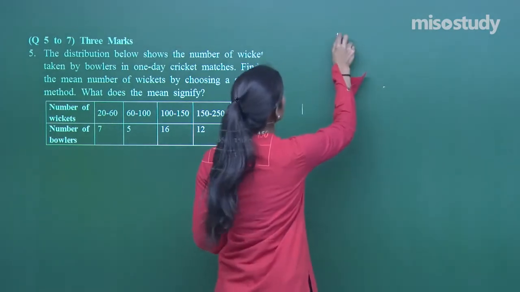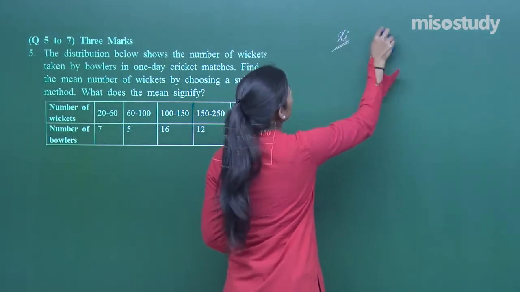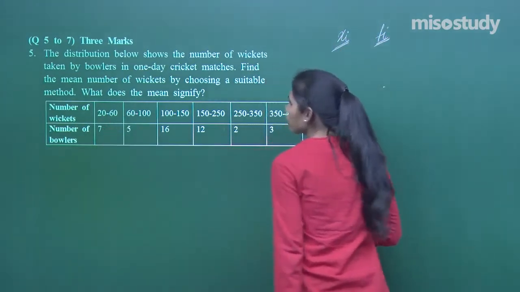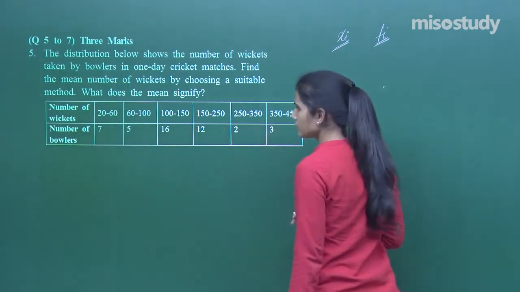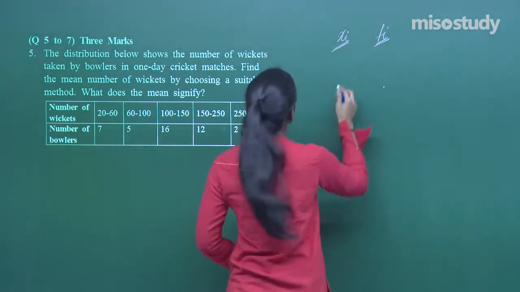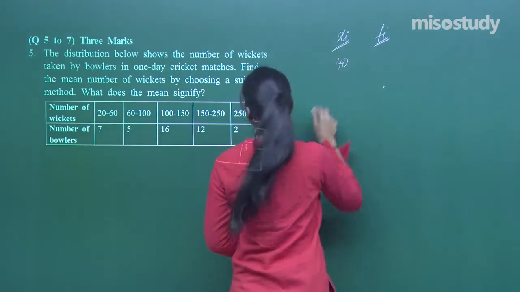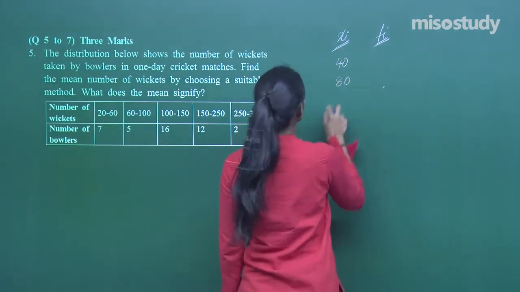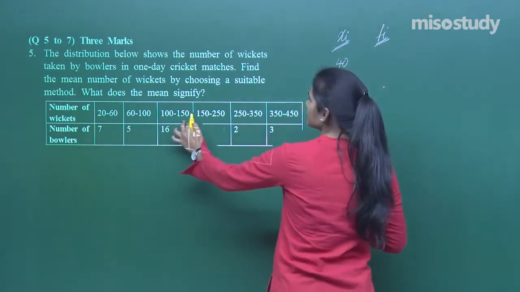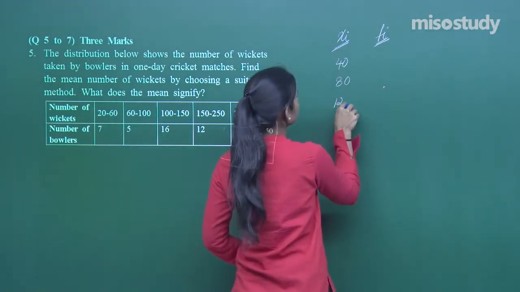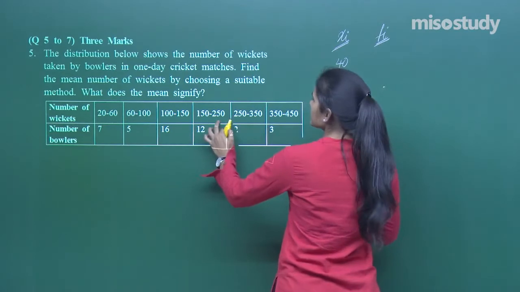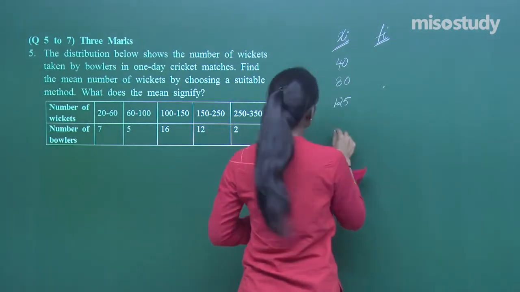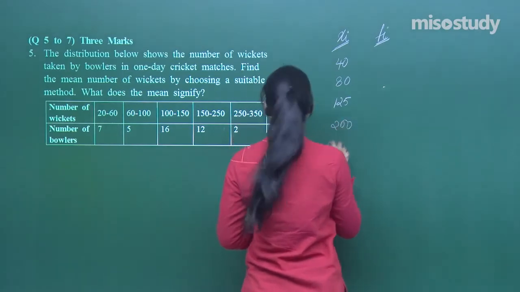So let's first of all get xi's, because fi's we already have. So what is the class mark of this first class interval? It is 40, because 60 plus 20 is 80, 80 upon 2 is 40. Then 100 plus 60 is 160 upon 2 is 80. Next you have 250 upon 2 is 125. Then 250 plus 150 is what? 400. 400 upon 2 is 200.